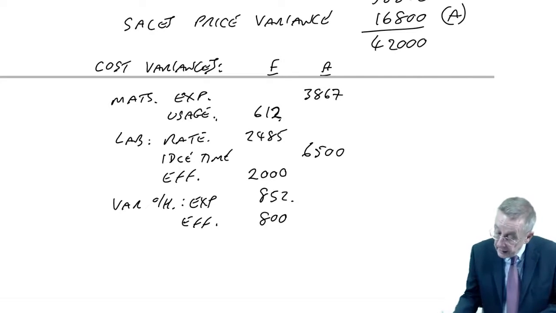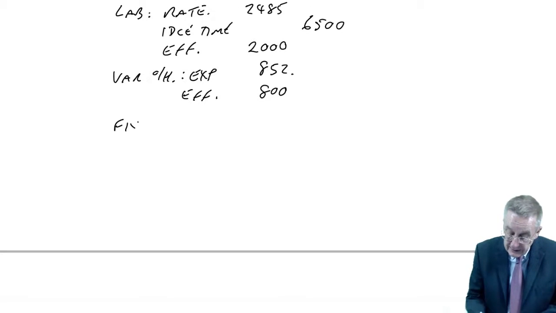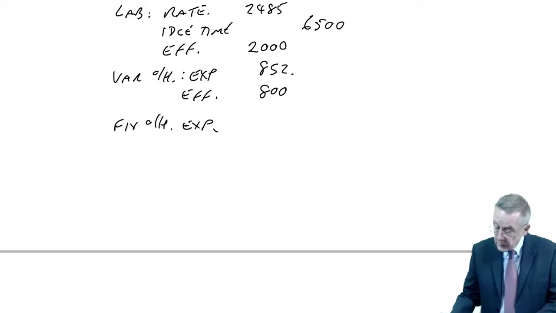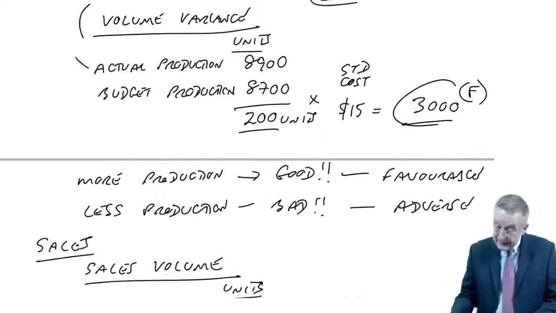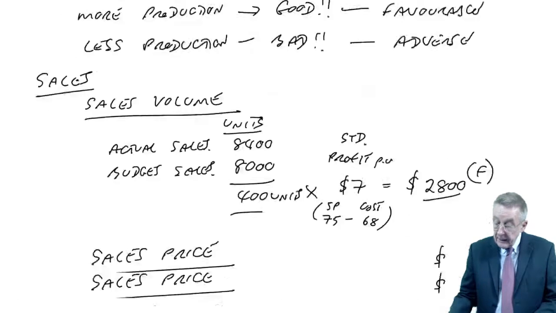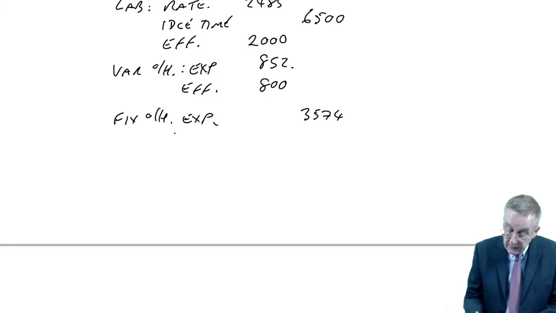And finally, a fixed overhead variance. Expenditure 3,574, this one I will have to wind back, I'm afraid. Expenditure 3,574 adverse, and volume 3,000 favourable.